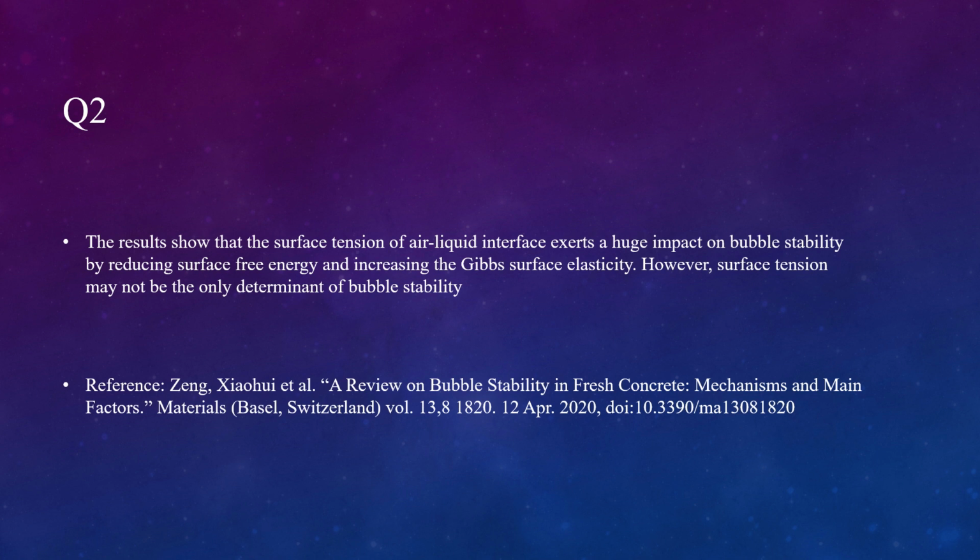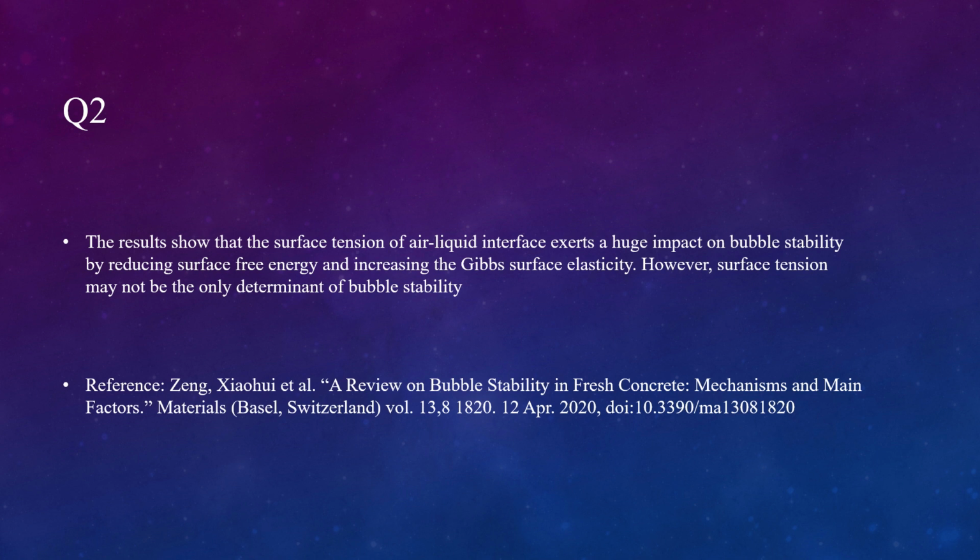Although the context is different from what we are learning, as our system is a fluidized bed, a recent study by Zeng et al. shows, on bubble stability in fresh concrete, that surface tension between the air liquid interface exerts a huge impact on bubble stability. How does it impact?